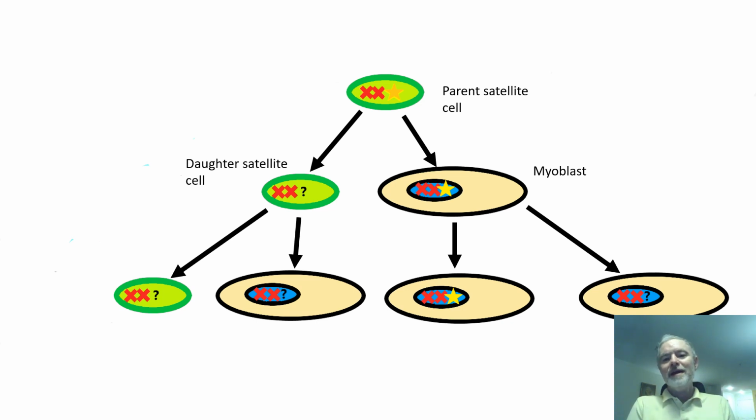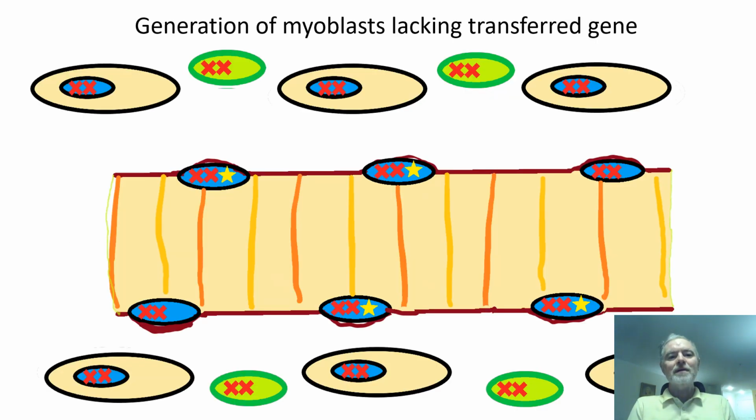Okay, so if only one of the daughter cells from a parent cell that does have the transferred gene inherits it, then after a few divisions, most of the cells which are descended aren't going to have the transferred gene. So what's the consequence of this? You can think of our muscle fiber that we showed a few slides ago, and say we gave most of the nuclei in the muscle fiber the gold star, meaning they have a working copy of the gene.